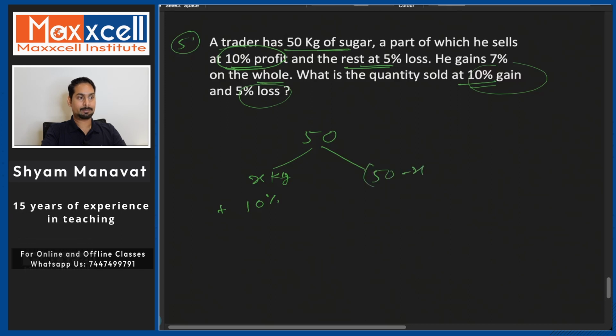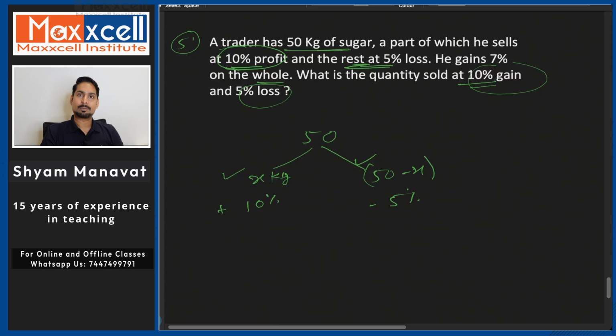If 50 kg is the total quantity and x kg is sold at 10% gain, that means 50 minus x must be sold at 5% loss. Loss means less. So we need to find out both quantities. I hope the question is clear to you.